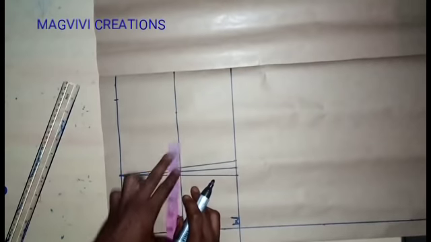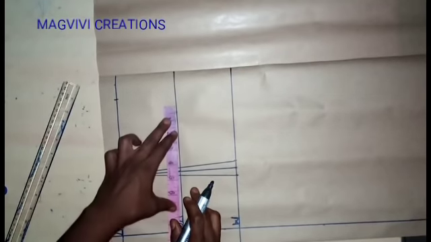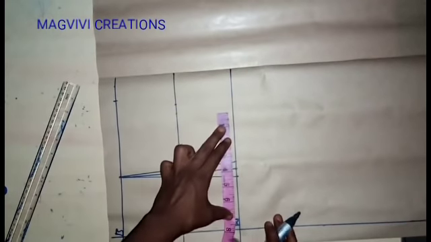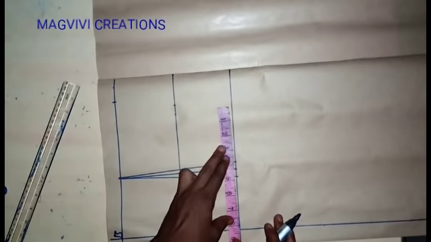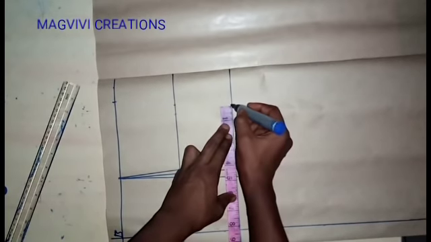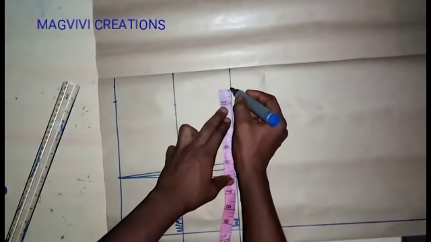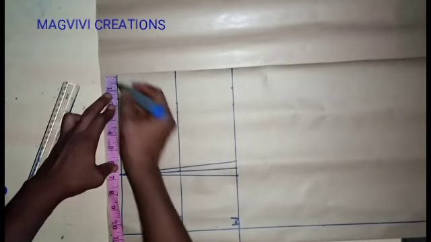You mark it, then you have to replace this dart. So measure the dart you have there and you replace it, okay. Then at the waist, you place the waist measurement. Then you replace your dart to have 1 inch dart there. You replace it.